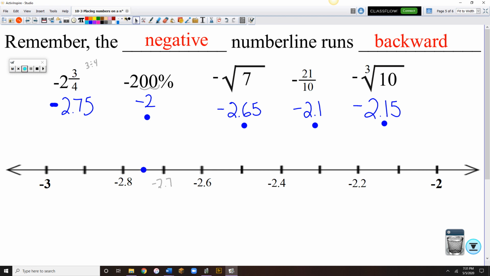And labeling, don't forget, we want to label with the original way that it was given to us. It was given to us as a mixed number, so that's how I'm going to label it. Okay, our next dot for -200% is right at negative 2. But it was labeled negative 200%, so that's what we have to put on the number line.